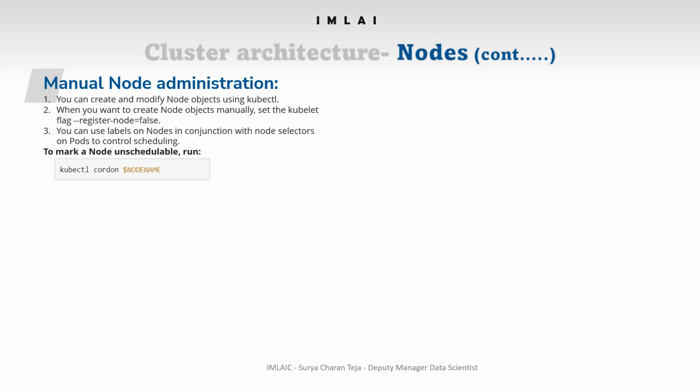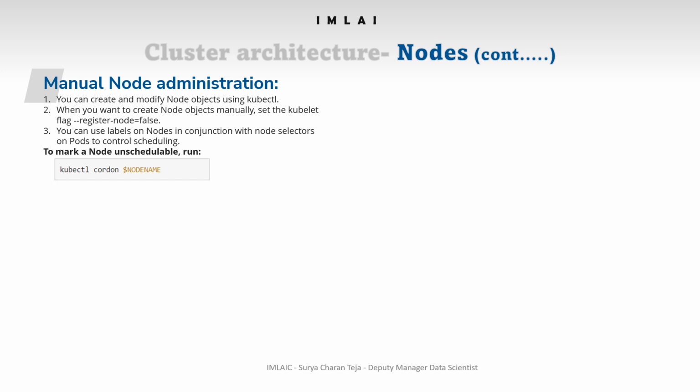Pods that are part of a daemon set tolerate being run on an unschedulable node. But daemon sets typically provide node local services that should run on the node even if it is being drained of workload applications. So if you want to mark a node unschedulable, you have to run kubectl cordon and the name of the node that you have given using a label.